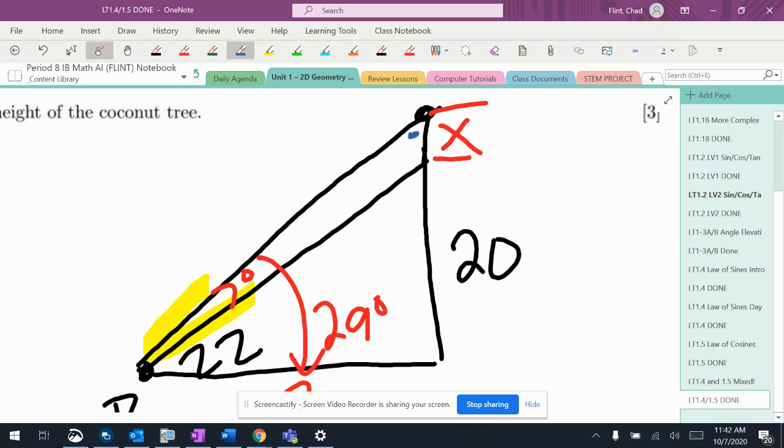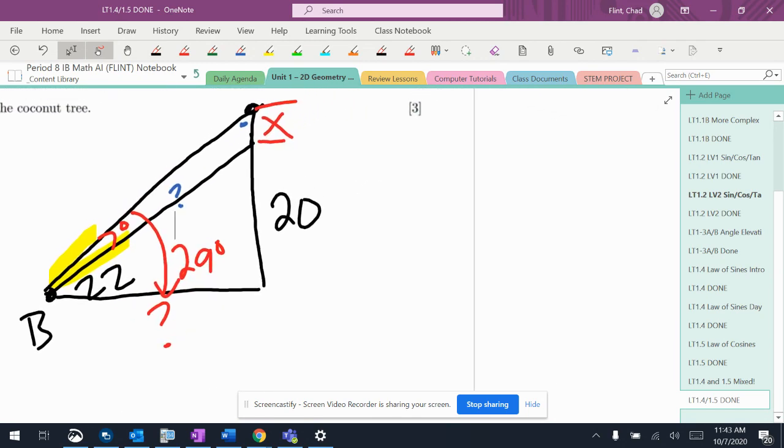I can find that angle, and then I could use the triangle. It's two steps no matter what. So if I do the blue dot, I would need to know this side, and then I could do a law of sines to do it that way. I don't know which one's easier. I think I'll do it this first way because I think this is easier. The law of sines way, if you do it and you want to know if you're right, you should get the same answer.